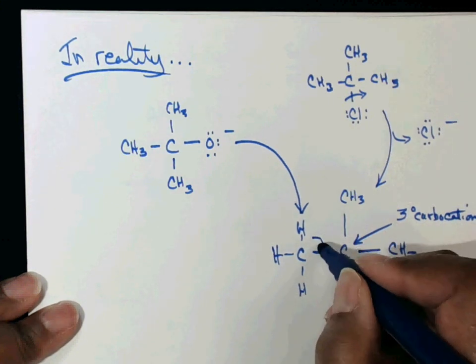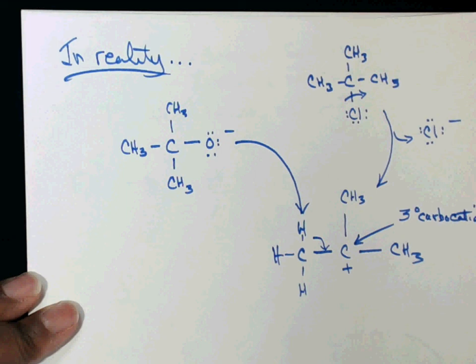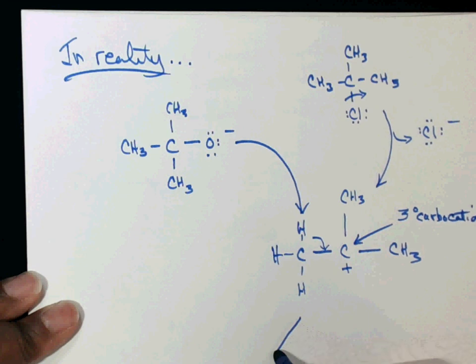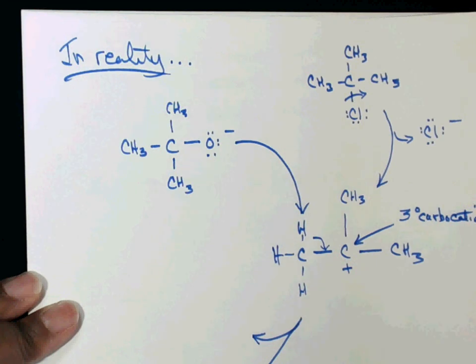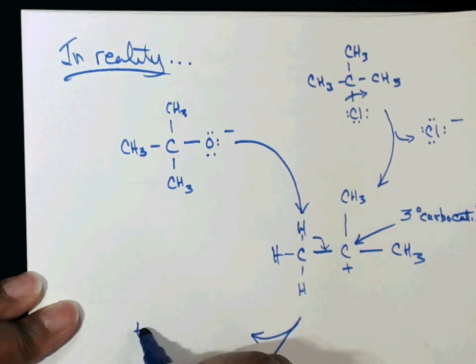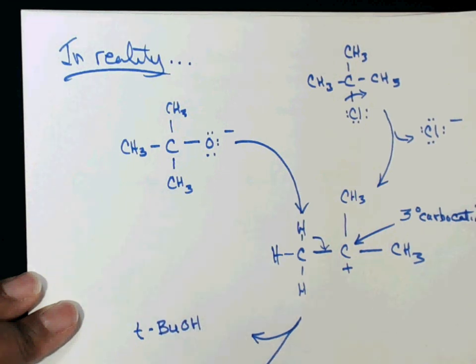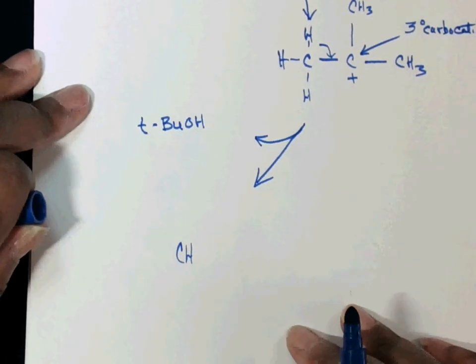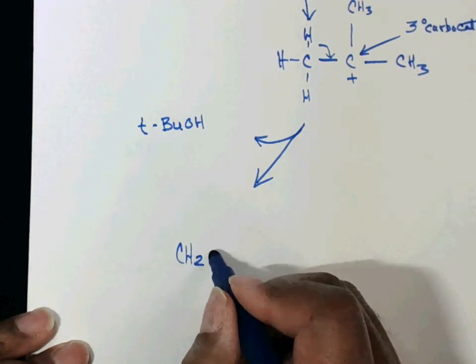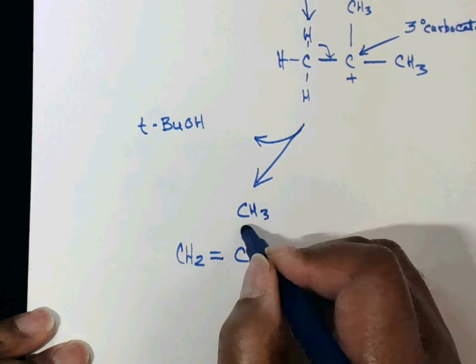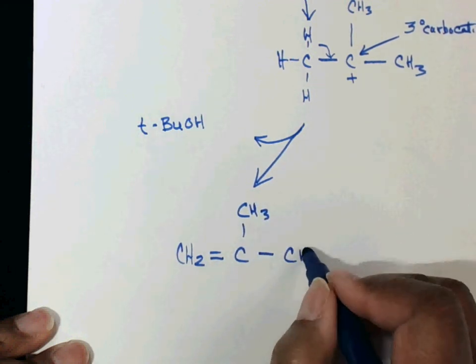In this case, elimination is going to be favored over substitution. So you'll get a little bit of T-butoxide forming, but the main product is not going to be an ether. It's going to be an alkene.